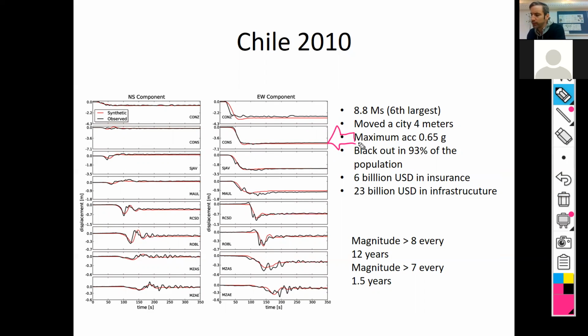And as I told you, if this is South America, sorry, and here we have the Pacific Ocean. The Pacific Ocean is moving towards the east, but South America is moving towards the west.